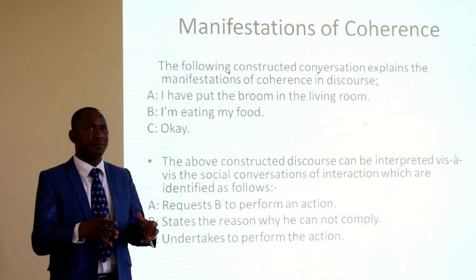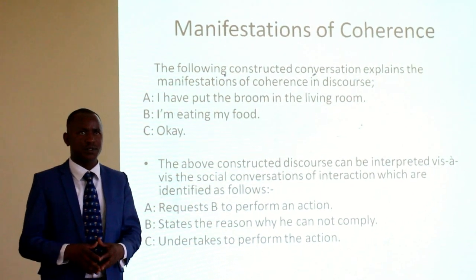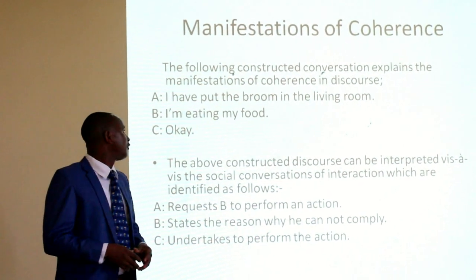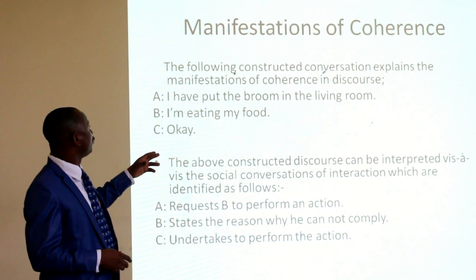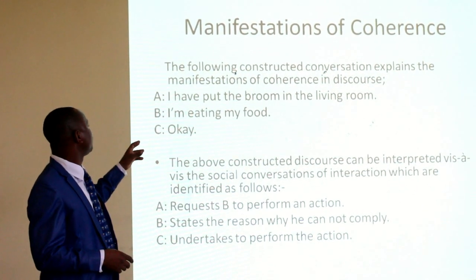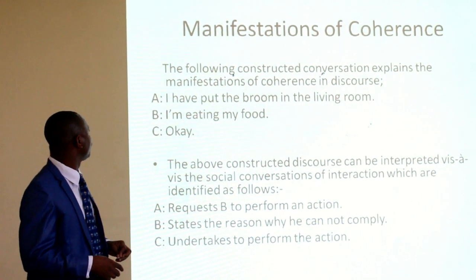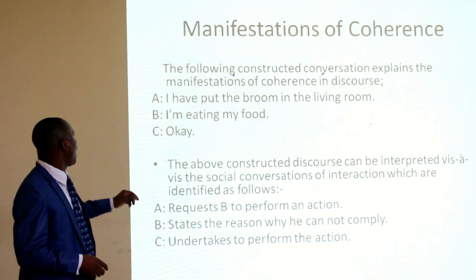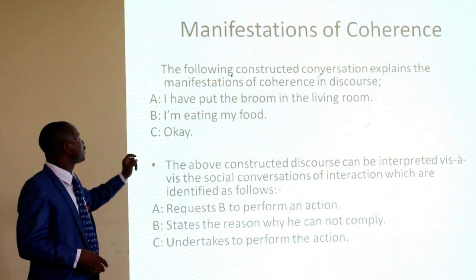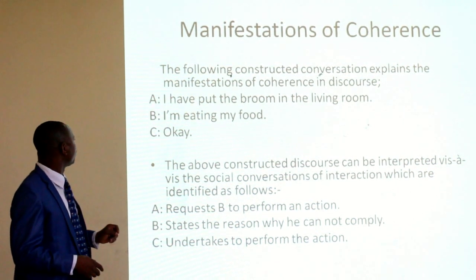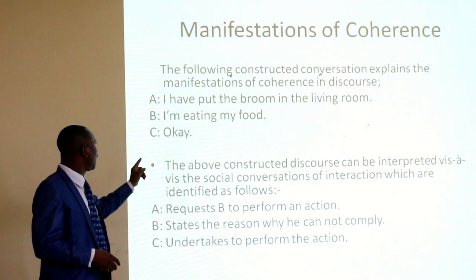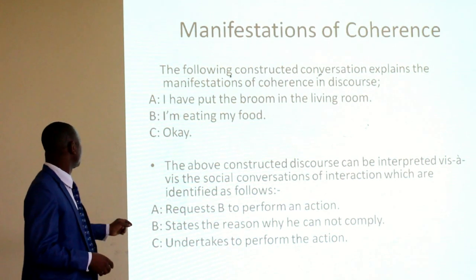Now let us see the manifestations of coherence. The following constructed conversation explains the manifestations of coherence in discourse. A: I have put a broom in the living room. B: I'm eating my food.